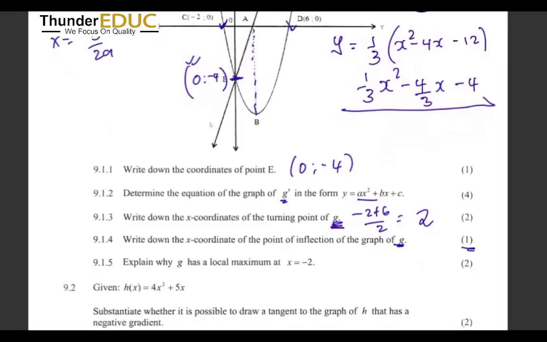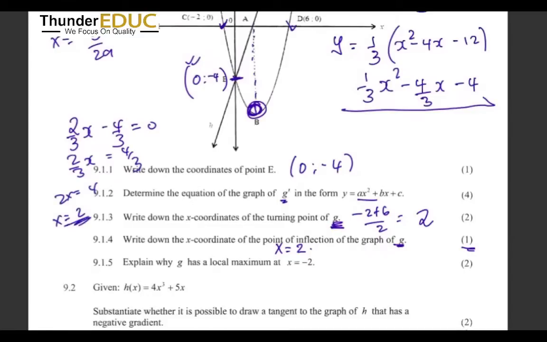So this turning point here has to be the point of inflection, so I'm just going to say x is 2. You can prove it by finding the second derivative, which is 2 over 3 x minus 4 over 3. Equate that to 0. So 2 over 3 x is equal to 4 over 3. Multiply through by 3: 2x is 4, divide through by 2, which means x is 2.